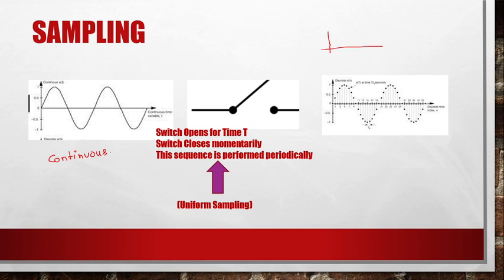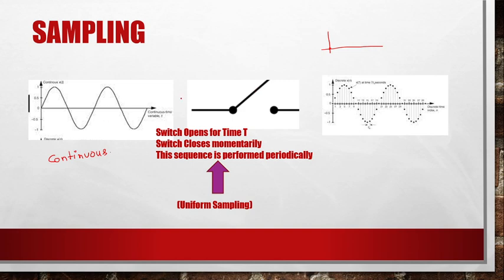So suppose initially the switch was closed. So at this point I am getting the information 0 over here. After that I am opening the switch, so no information is passing.